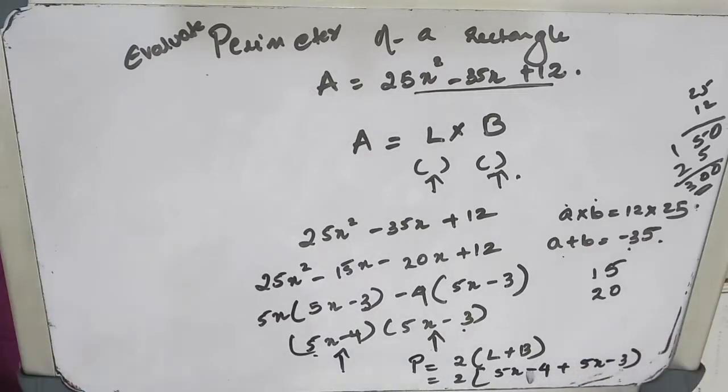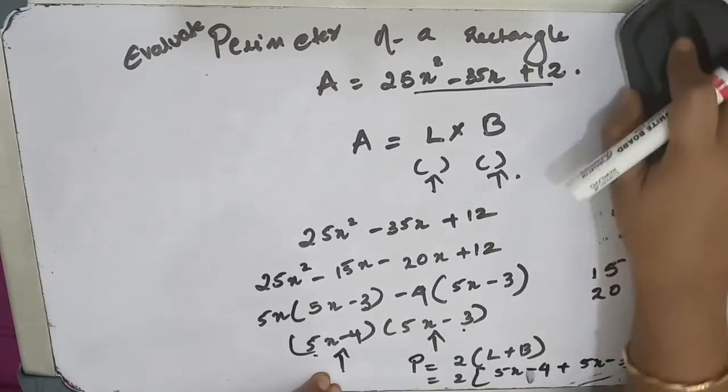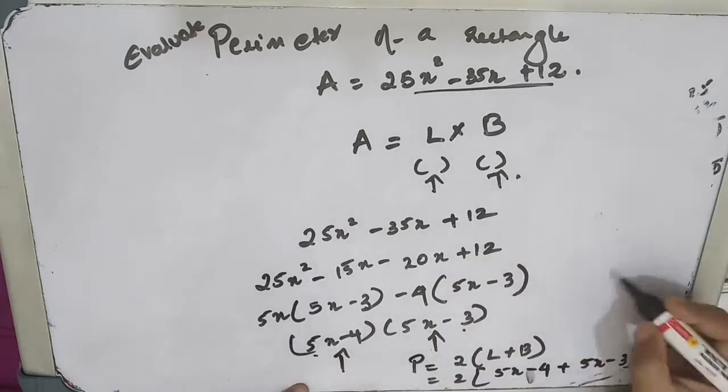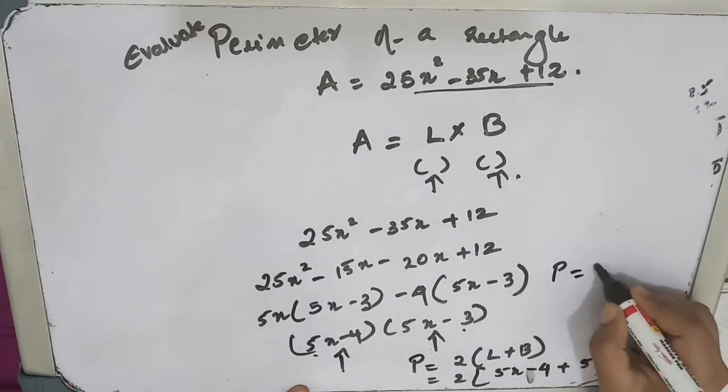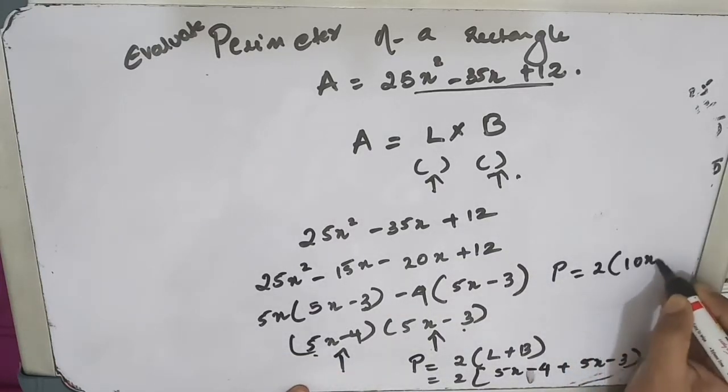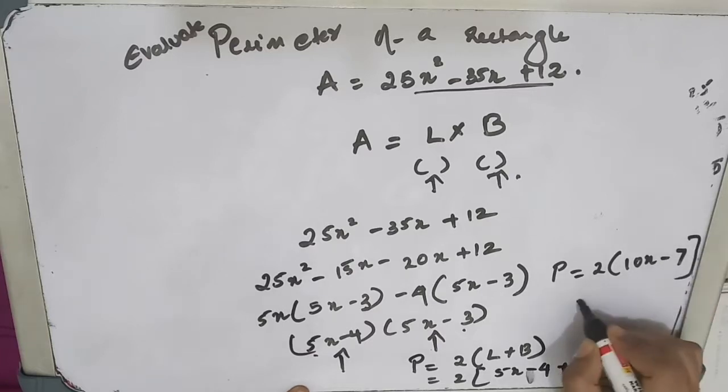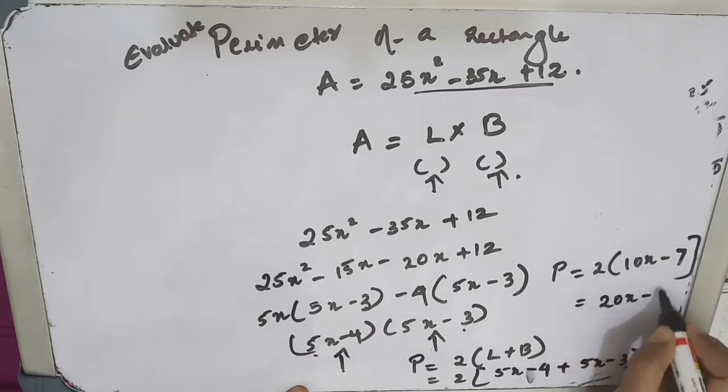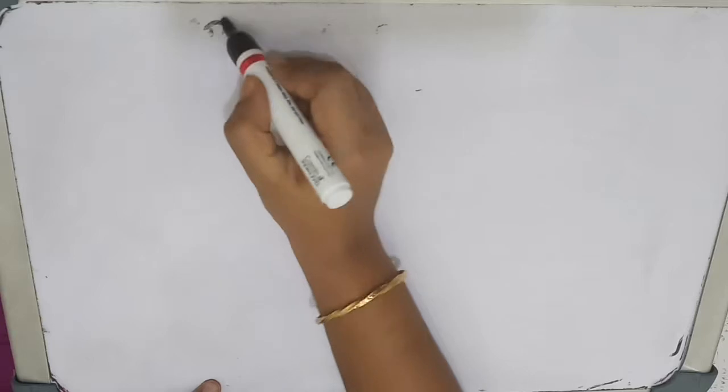That becomes perimeter is equal to 2 times 10x minus 7, 20x minus 14.